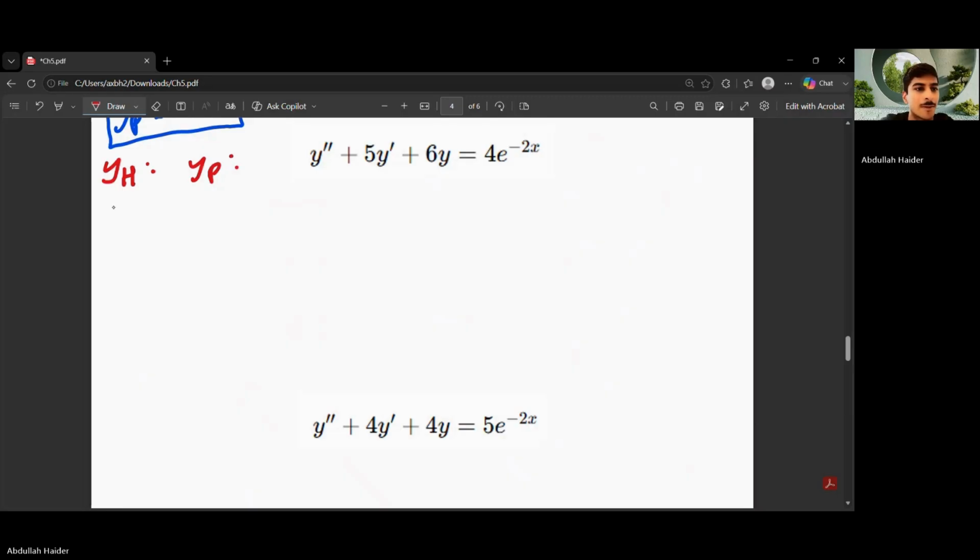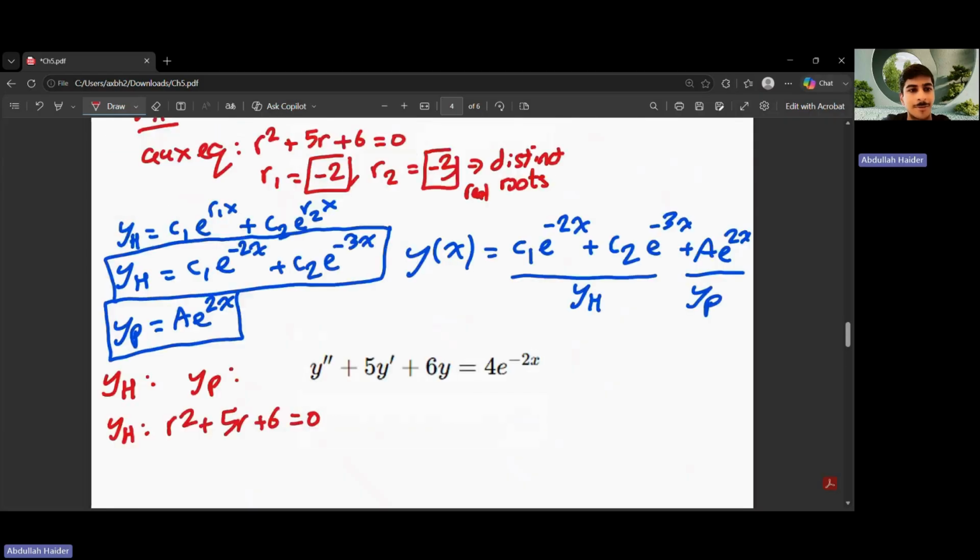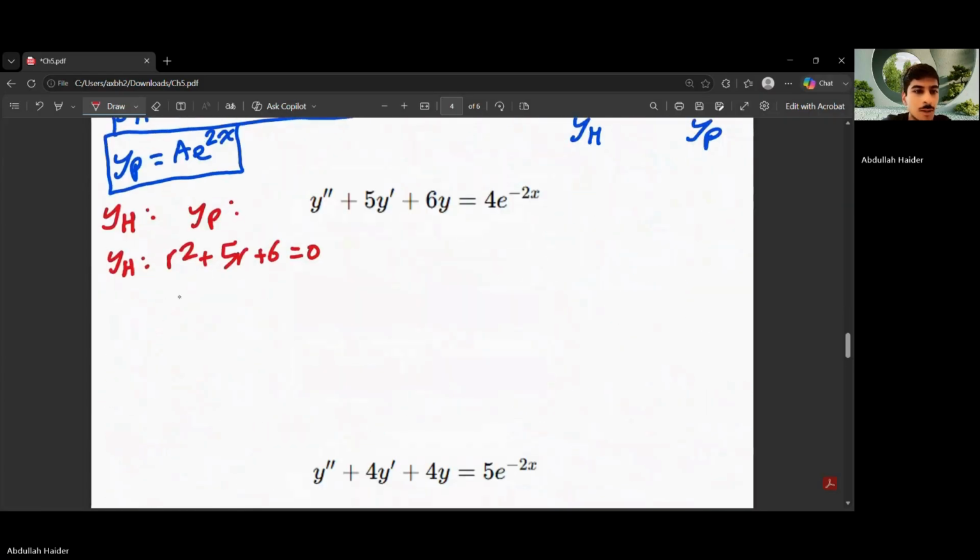So yh is going to be r squared plus 5r plus 6 equals 0, which is the same as above. r1 is -2, and r2 is equal to -3.